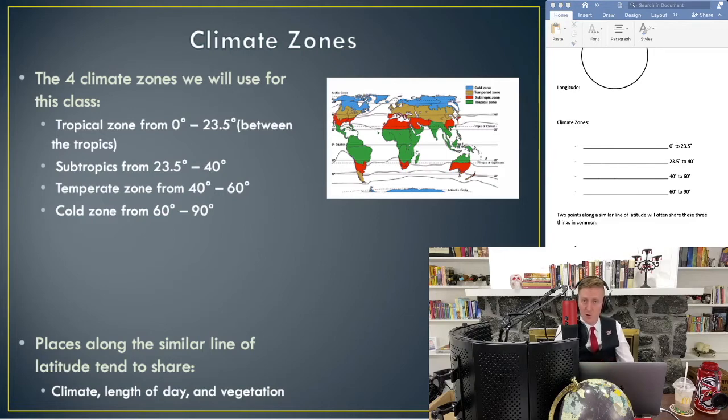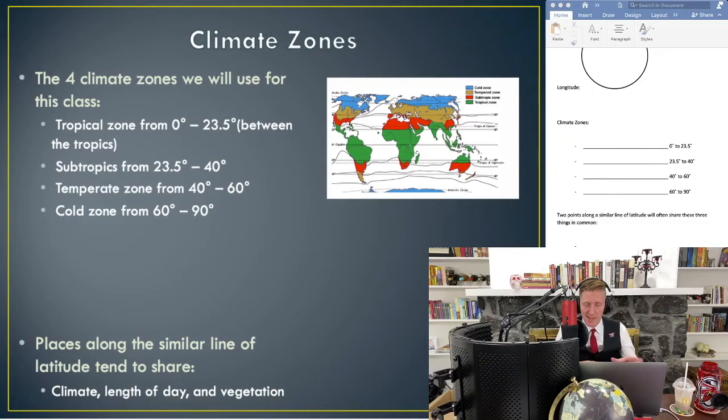We talked about that earlier. That's where you and I reside. And then, of course, the cold zones, whether it's Arctic or Antarctic zones, that is from 60 degrees all the way up to 90 degrees. And anyone who knows math knows 90 degrees is a perfect right angle, which would take us to the north and south poles.